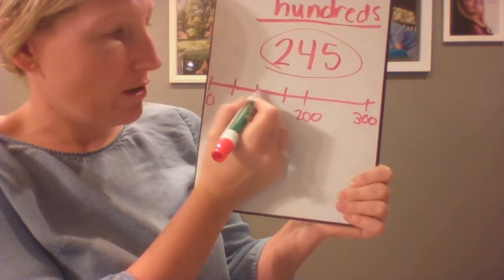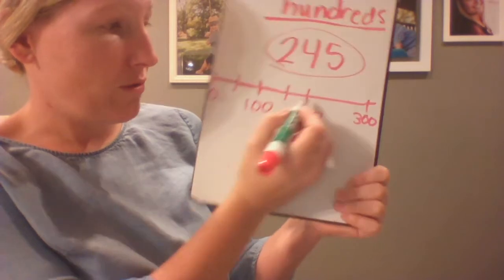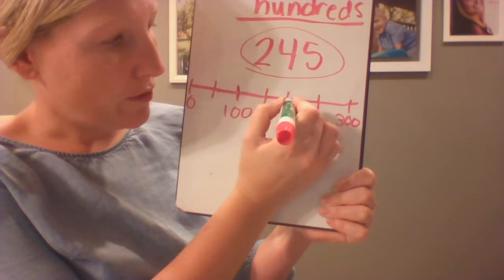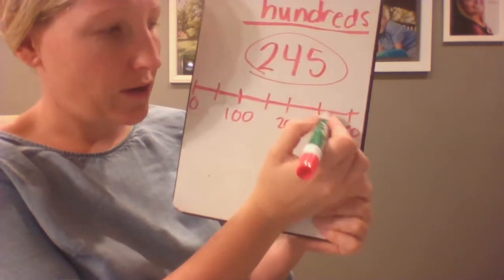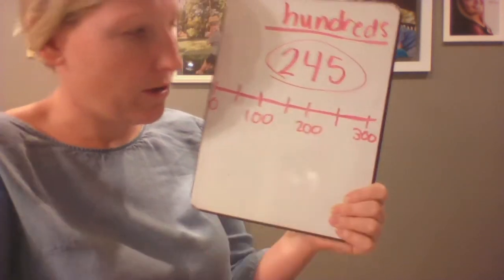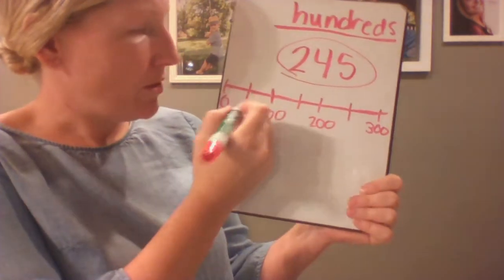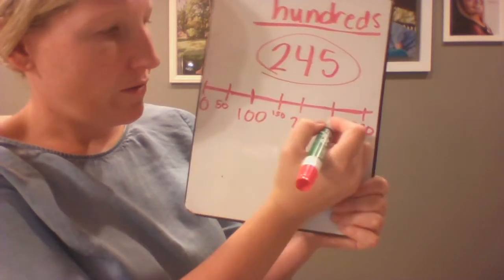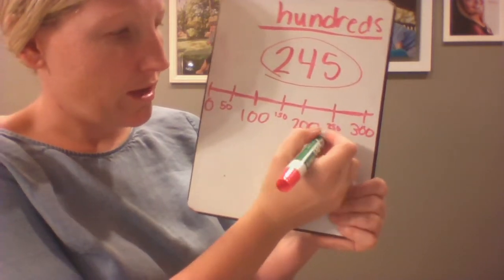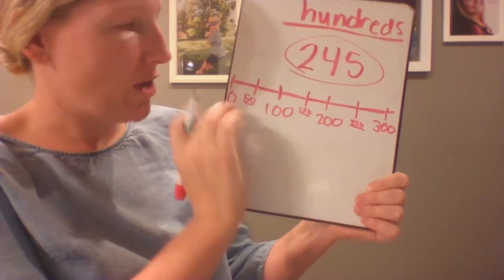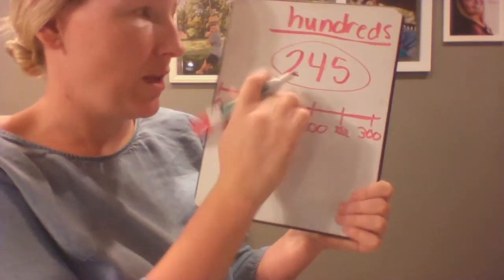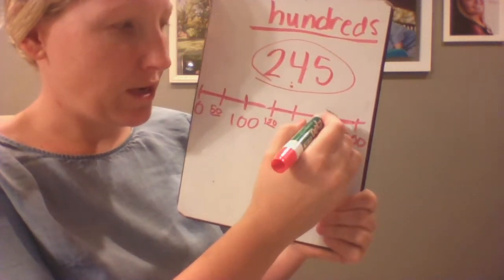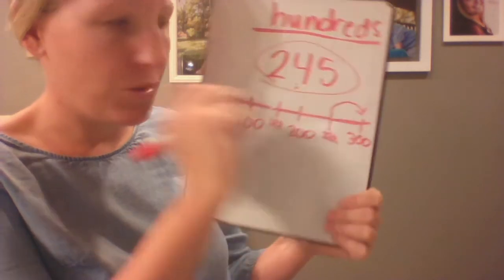If it falls between here, you would round to 100 also. If it falls between here, you would round to 200. If it falls between here and here, you would round to 200. And here and here, you would round to 300. So these points in the middle are 50, 150, and 250. That extra bit of knowledge really makes it much easier for me to know where I'm going to round my numbers to.